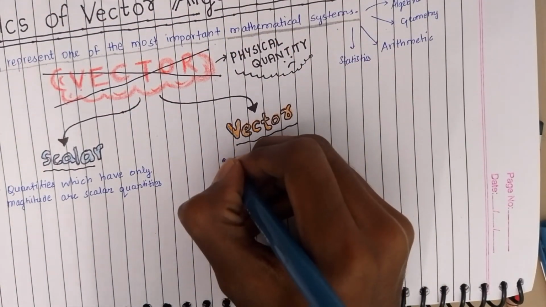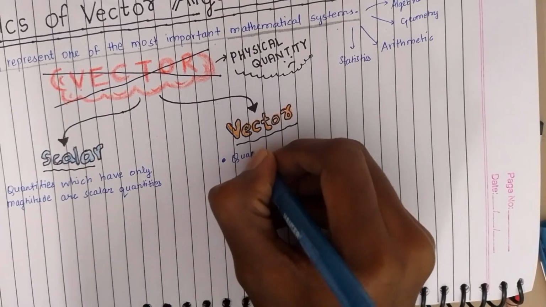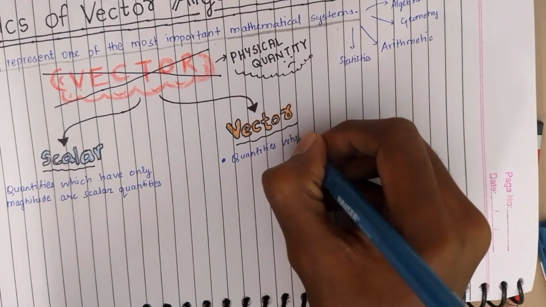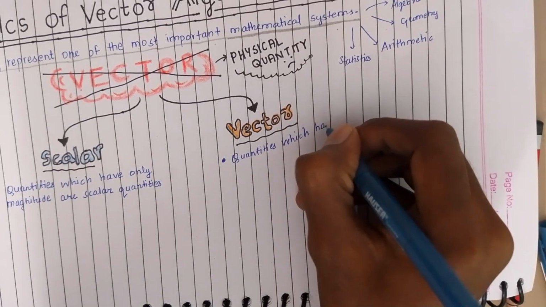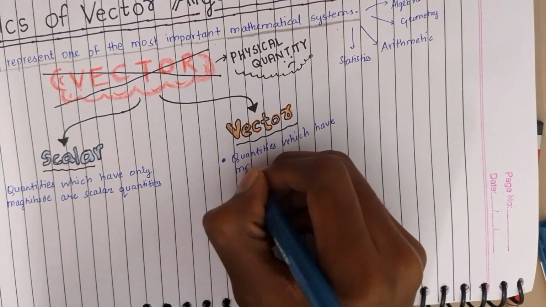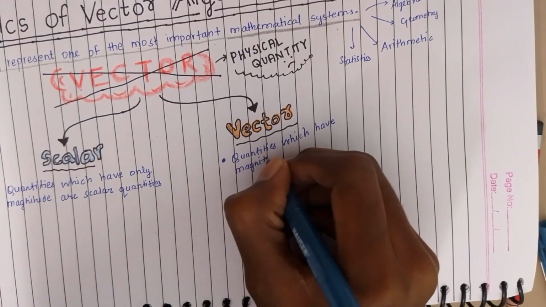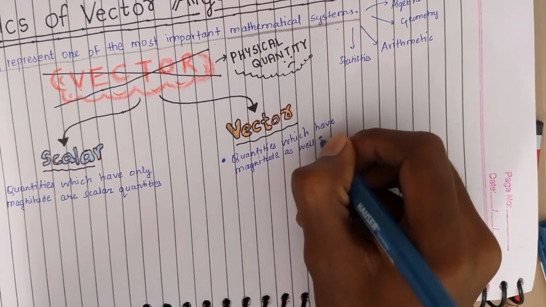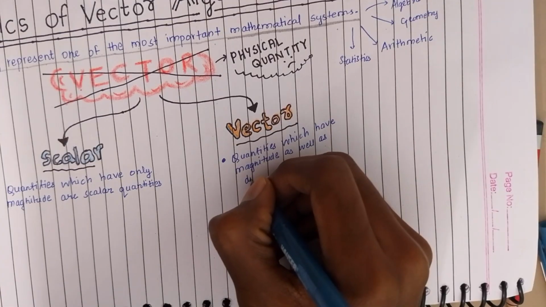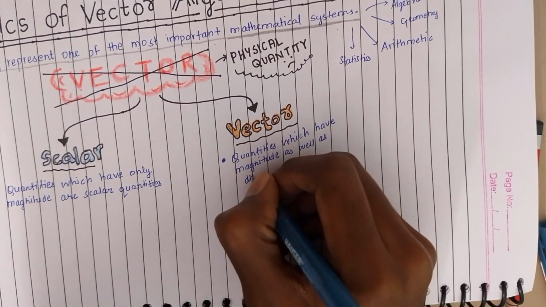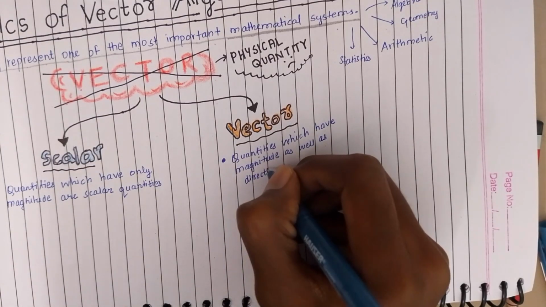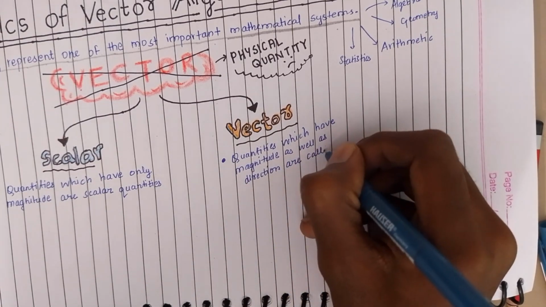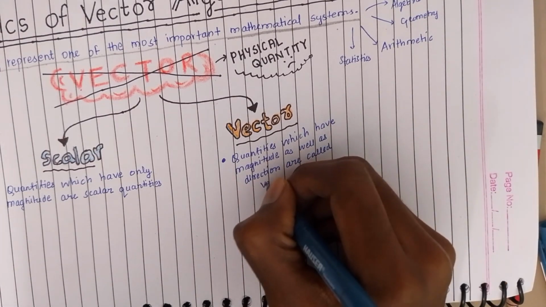And what are vector quantities? Quantities which have magnitude as well as direction are called vector quantities.